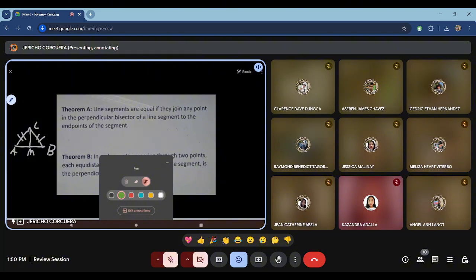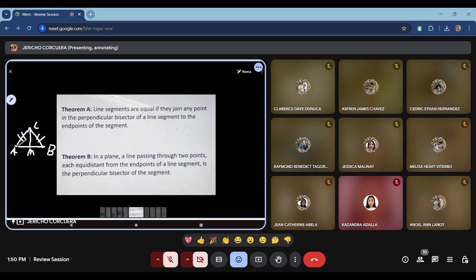And we can label that point as point E. Ayan, equal din yan. Any point kasi in the perpendicular bisector. They are equal then to the endpoints. Ayan no, magkadugtong line segment AE and line segment BE. They are equal as well.